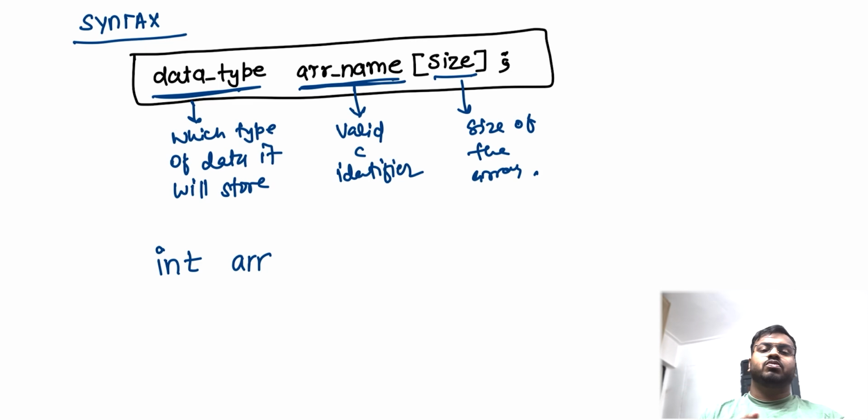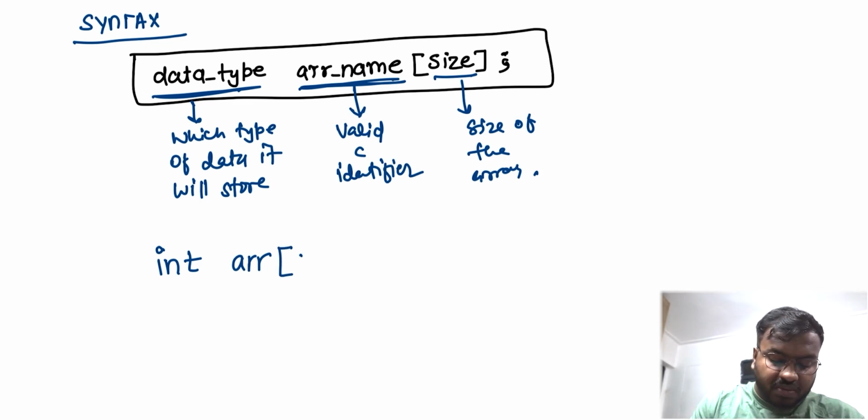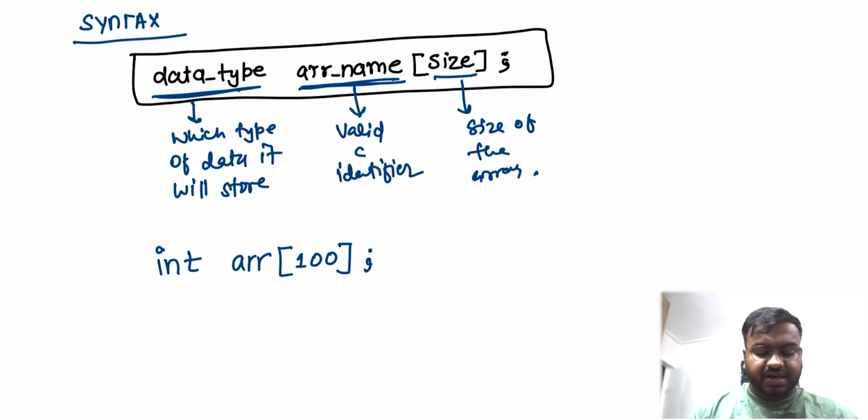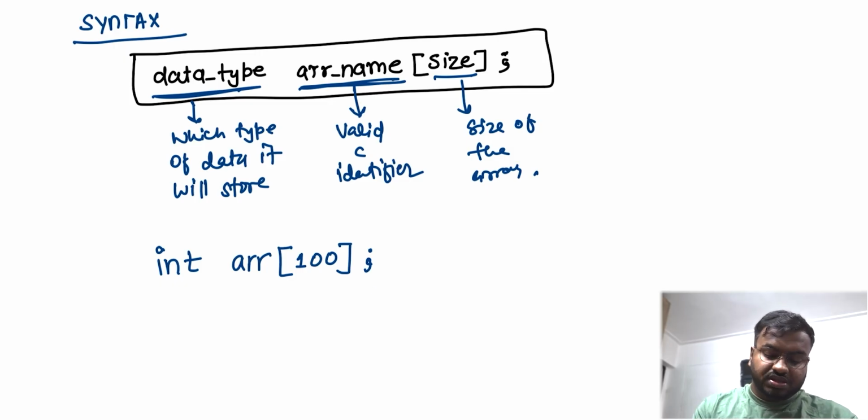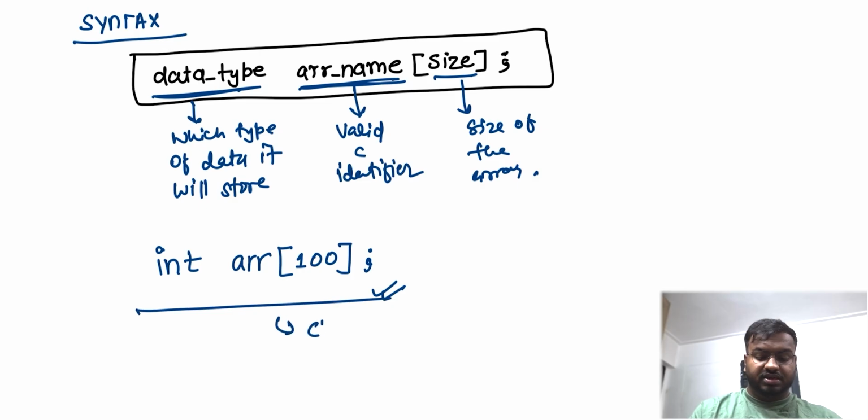Let's suppose the name of the array is ARR, and then I want to store the marks of 100 students. So what will be the size of my array? The size of my array will be 100. So this is the syntax to declare an array of size 100. Now you can store 100 elements in this particular array. So don't you think this is cleaner, easier to manage?